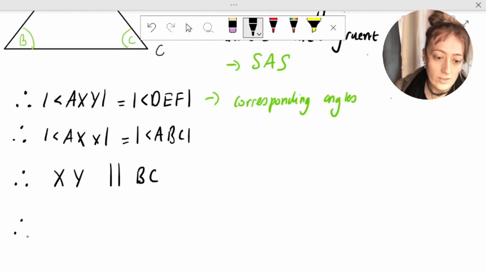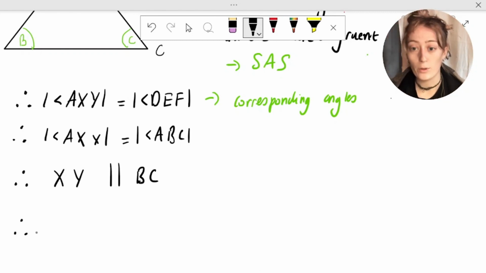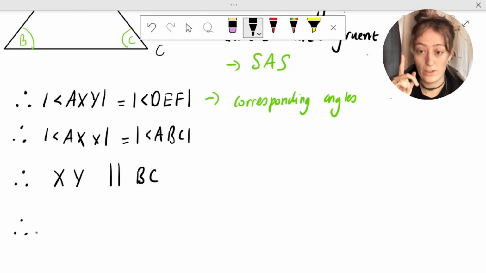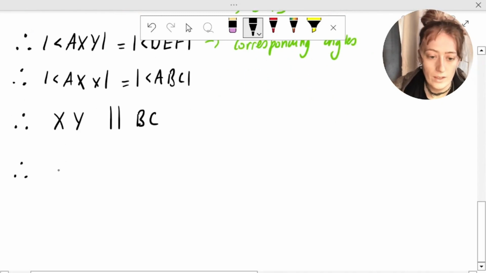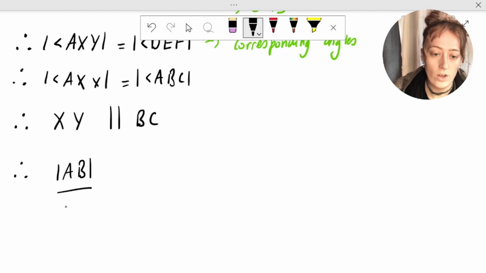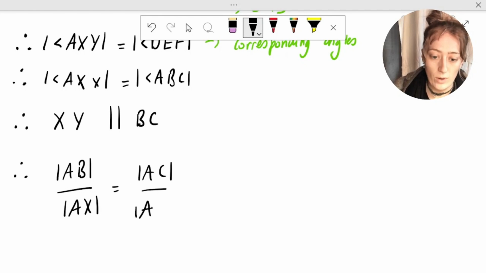Therefore, now guys, the next property is going to invoke a proof that is also on the Leaving Cert syllabus, and there's another video where I do the proof, and if you haven't seen it already, you can check it out here, okay? And it is the following: that AB over AX is equal to AC over AY.